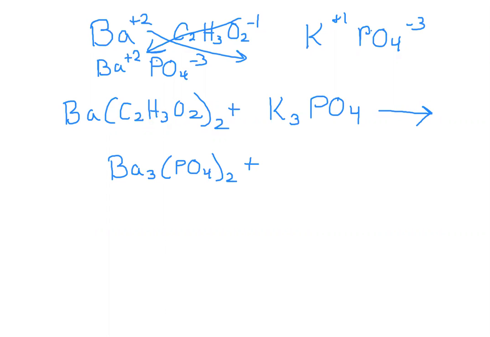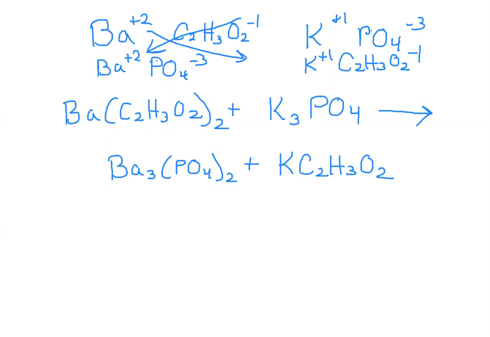And now potassium, which is a +1, goes with C2H3O2, which is a -1. So that is KC2H3O2. Look, you've got to use all the things we've done in all the chapters in order to do these problems. So here's our problem right now, but now we've got to balance it.